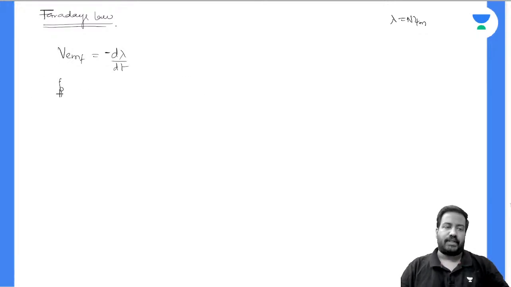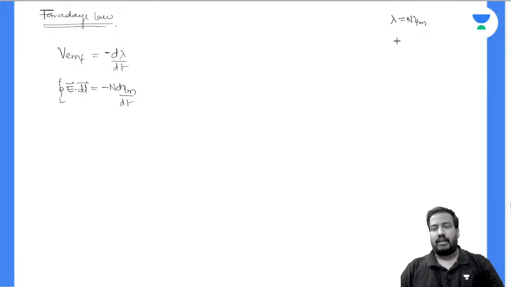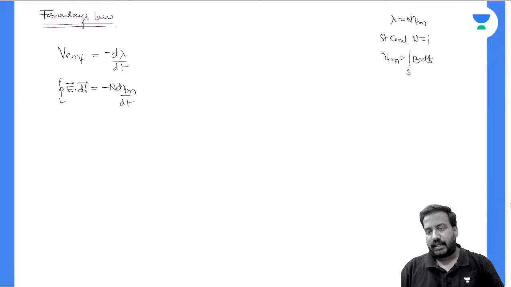N is number of turns. Therefore, V EMF is equal to closed loop integral of E dot dl is equal to minus N into d psi m by dt. If we consider a straight conductor, the number of turns N is equal to 1, and also we know that psi m is equal to surface integral of B dot dS.